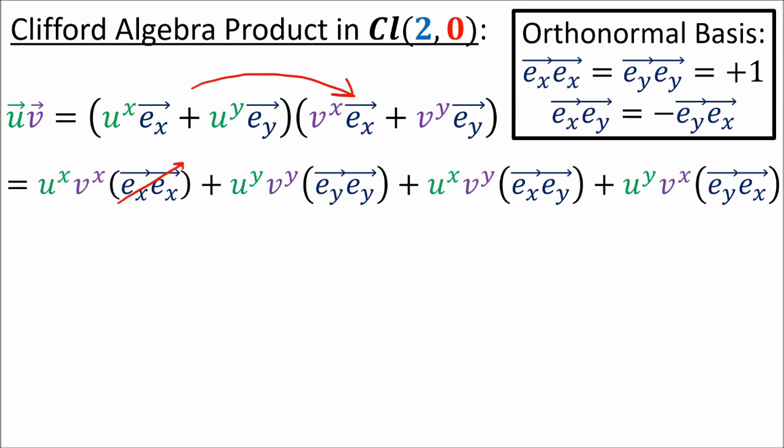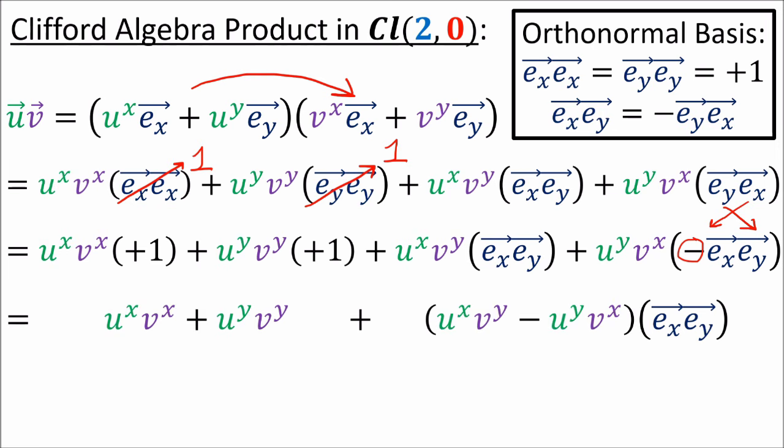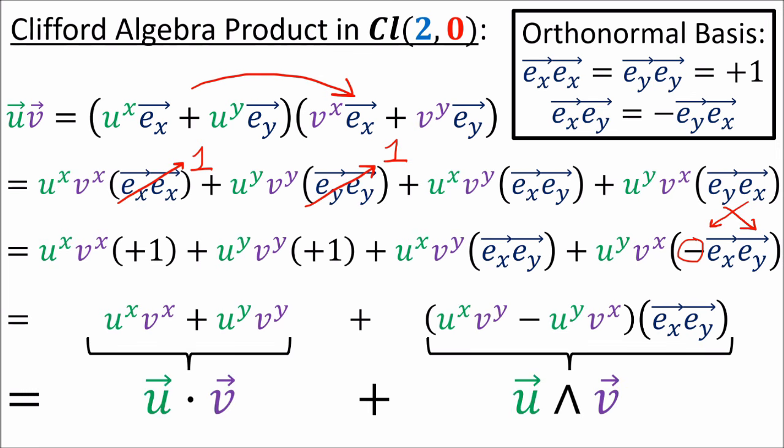The terms with e_x squared and e_y squared both go to +1, so we get a sum of scalars. Since e_x and e_y are orthogonal, we can flip e_y times e_x to get negative e_x times e_y, using anti-commutativity. We can then group these two terms together. So the Clifford product of two vectors is the sum of a scalar and a bivector.